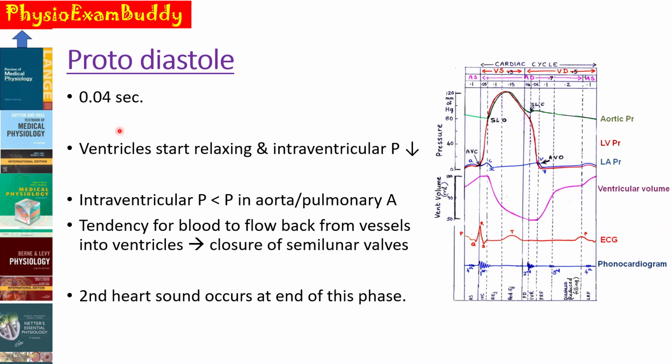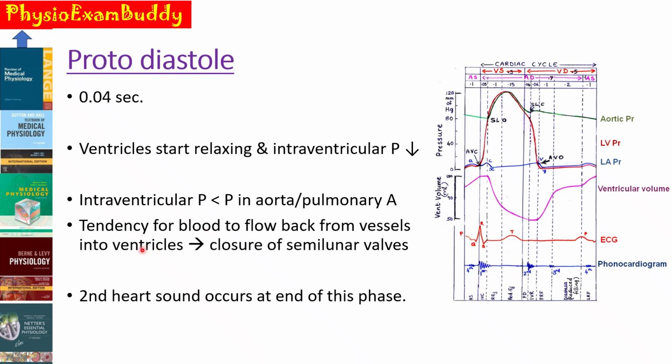Protodiastole lasts for about 0.04 seconds. After the ventricular systole, the ventricles start relaxing and the intraventricular pressure decreases. It is represented by a decrease in the pressure in the first phase, the protodiastolic pressure. And when this intraventricular pressure is less than the pressure in the aorta and pulmonary artery, what happens?